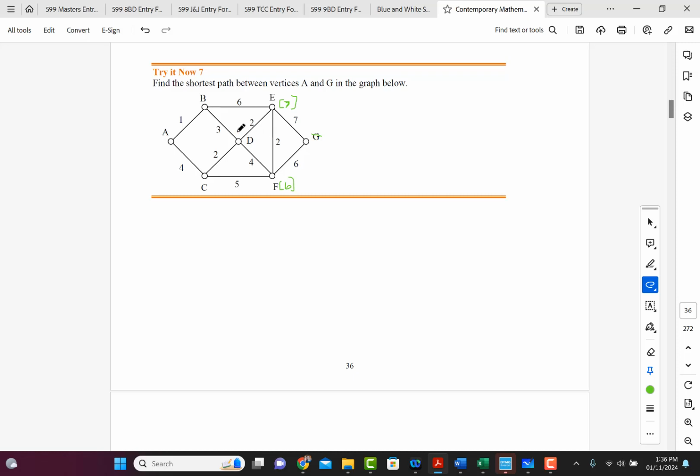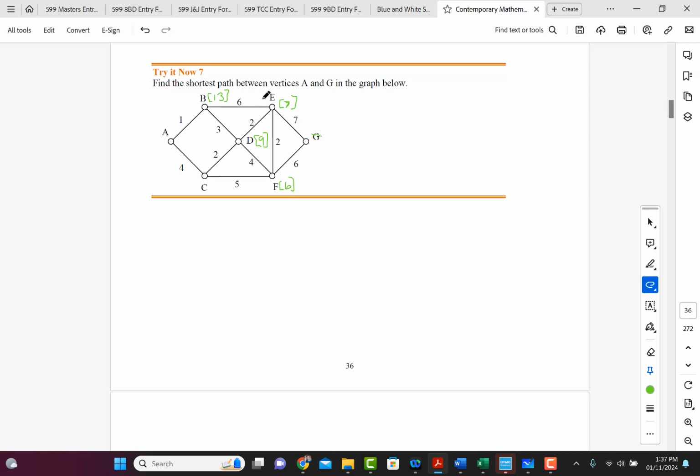So now D, what does D get? D gets marked with 2 plus 7, which is 9, so that gets a 9. And then B, the total is 6 and 7, which is 13. So that gets marked with a 13.